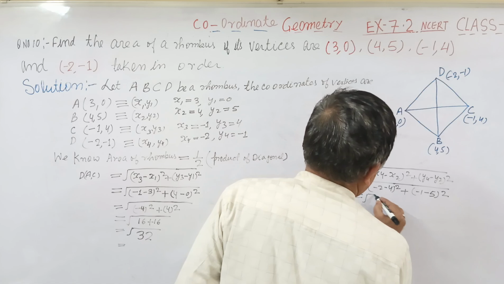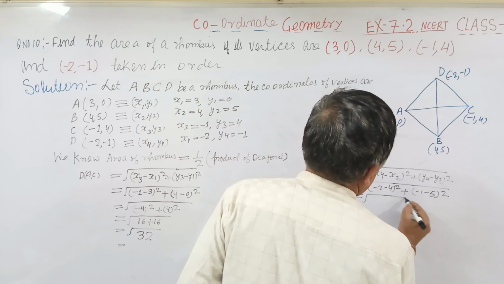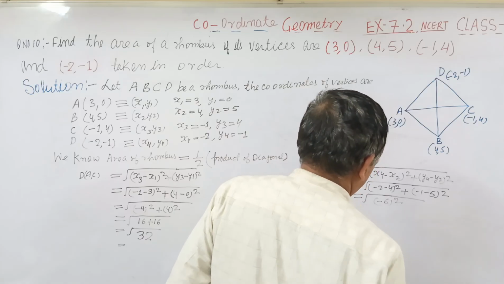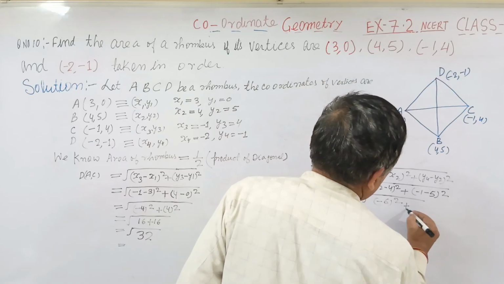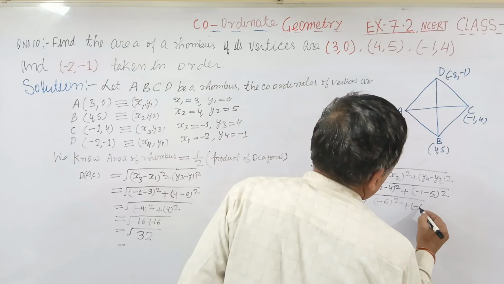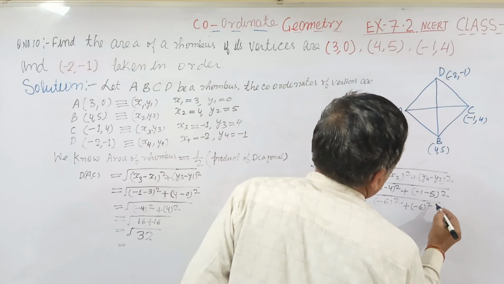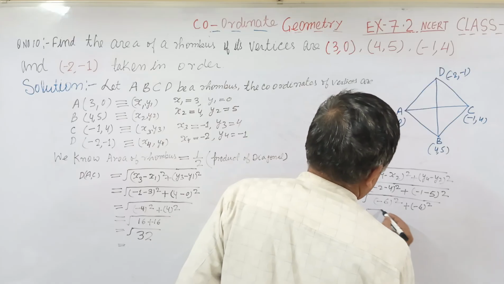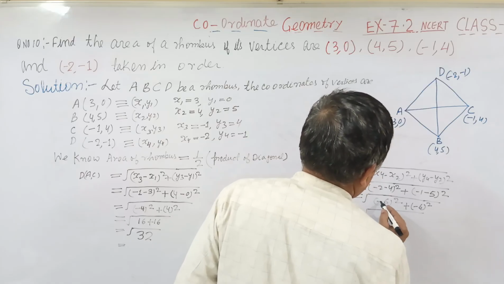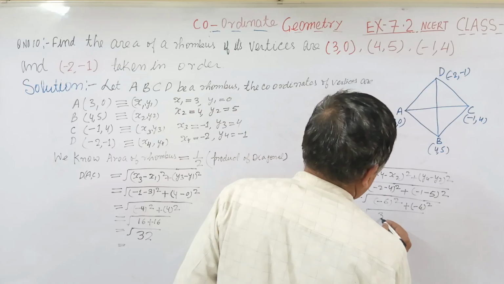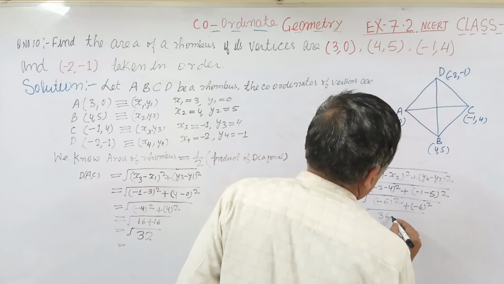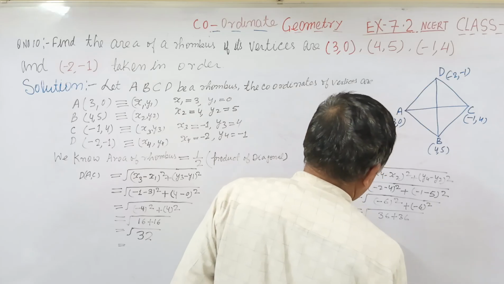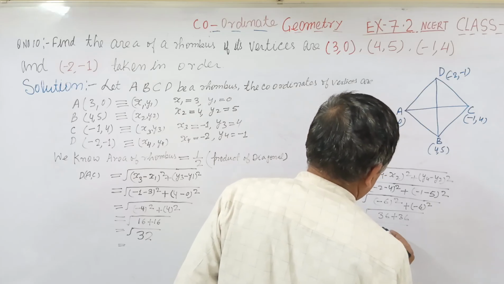This equals (-2 minus 4, that is -6) whole square plus (-6) whole square. 6 square means 36, so this comes out to be root 72.